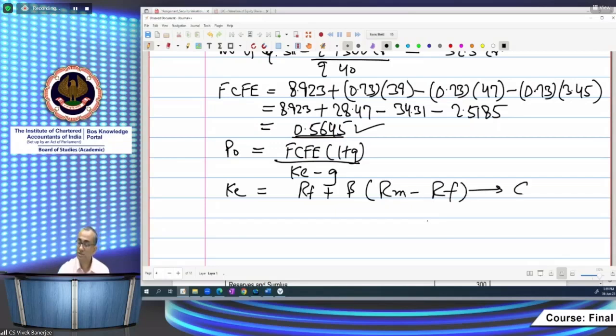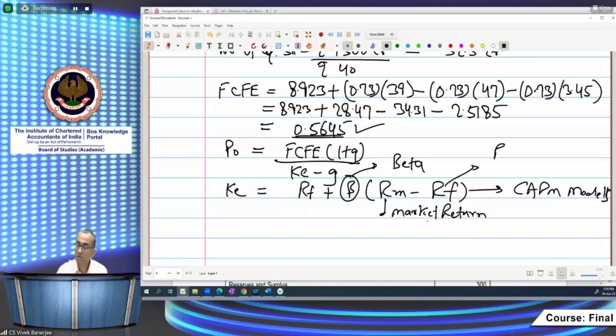So it is basically the capital assets pricing model. What is RF? RF is the risk-free rate. This sign is actually beta, and this RM is the market return. Let us put the figures into the formula.